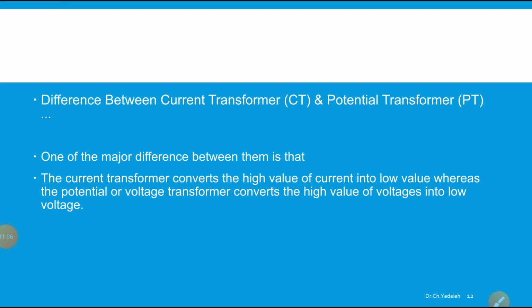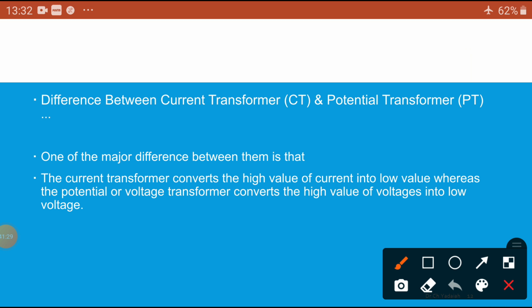Okay, you can see it. One of the major differences between them is that the current transformer converts the high value of current into a low value, whereas the potential transformer converts the high value of voltage into a small voltage. This is the difference.